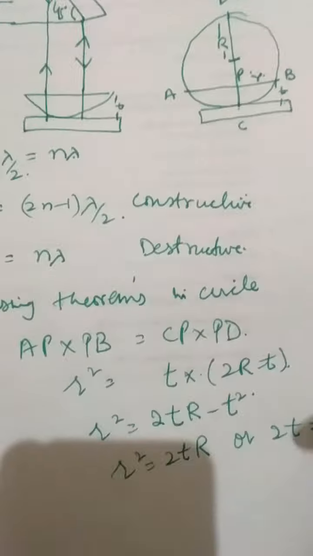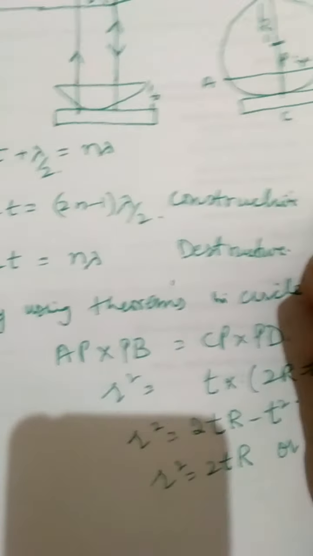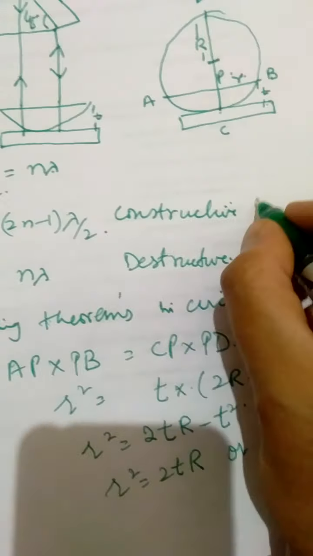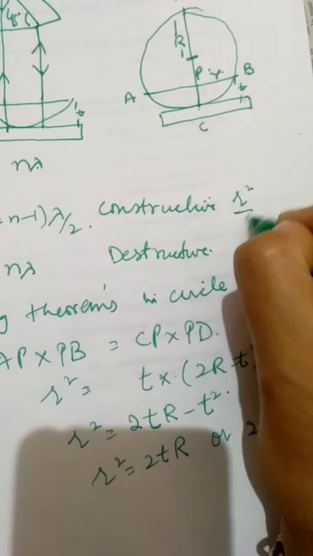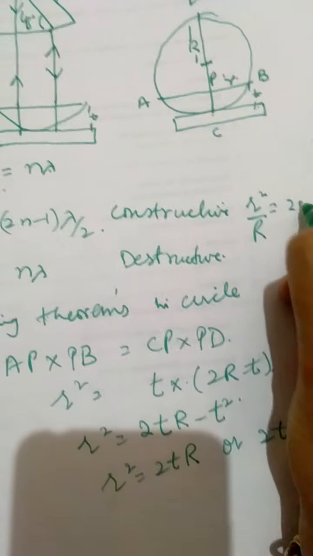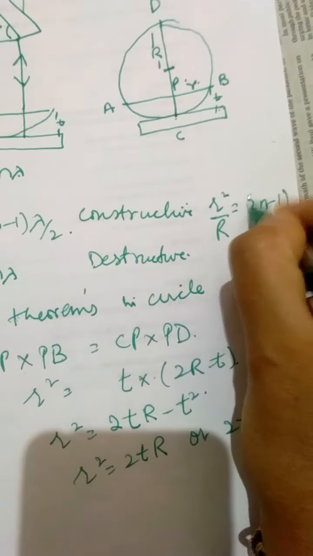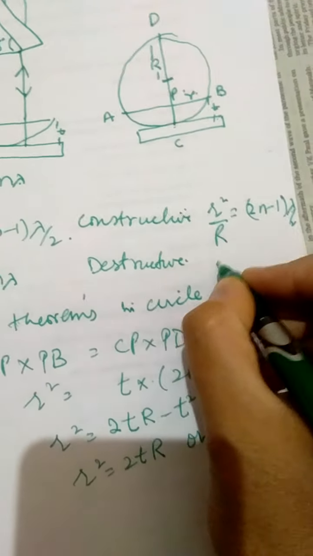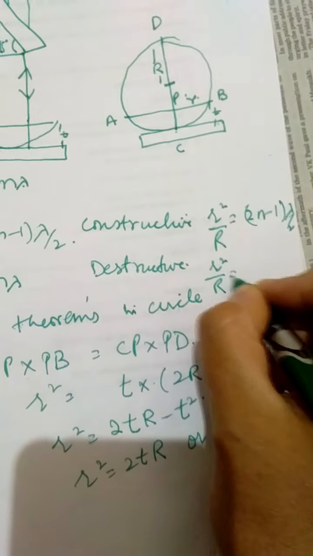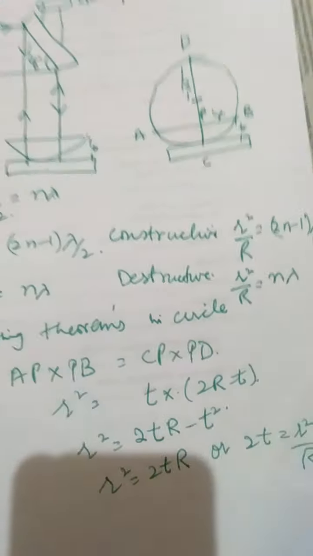So what do you get? You get r square by R is equal to (2n minus 1) lambda by 2, and here you get r square by R is equal to n lambda.